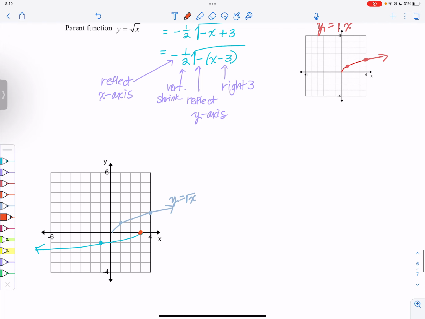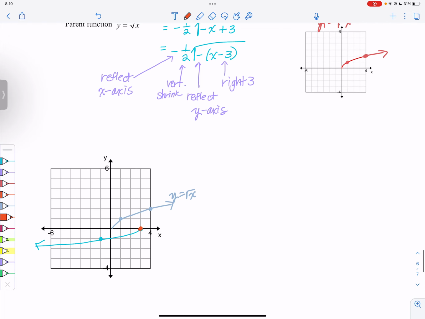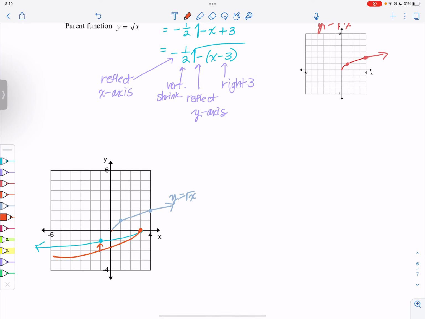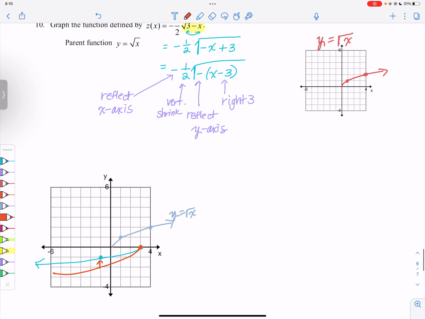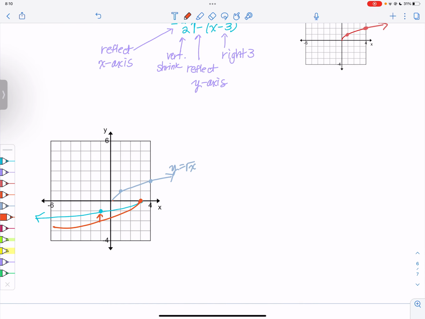So now we'll do this shrinking, which then instead of like this, it became shrinking vertically. Then we take care of our reflections. So we went here, and then we went down here. That's right. So we flipped vertically, and then we reflected horizontally.